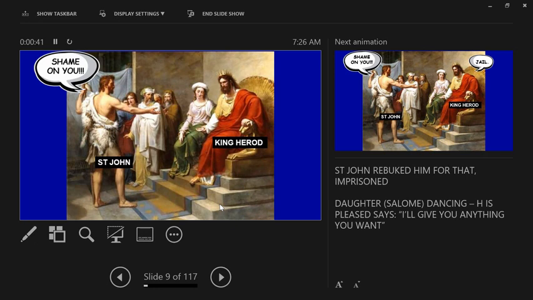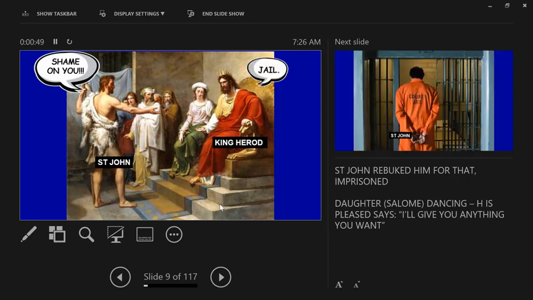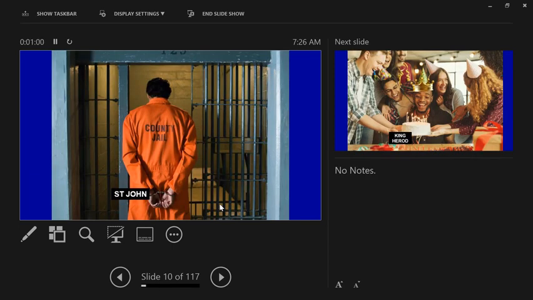Marriage is a very sincere trust between a man and a woman and God. And King Herod's not taking it seriously. But King Herod is not a very nice king. He's a very brutal king. And he puts St. John in jail just for saying, shame on you. So St. John goes to jail.